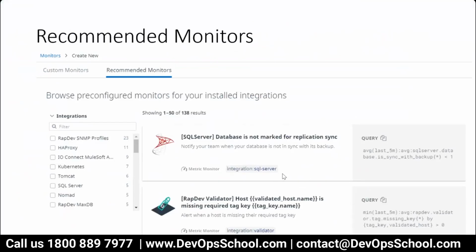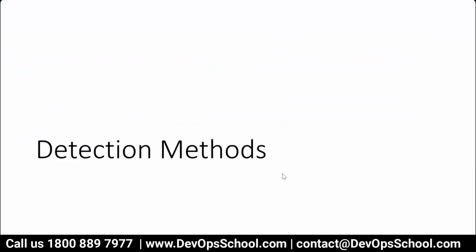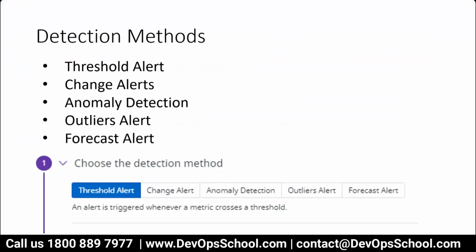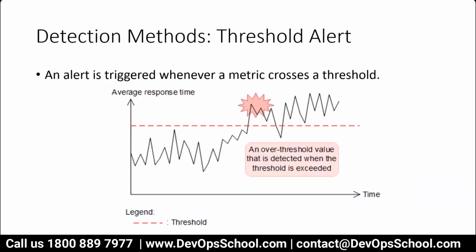Now, the detection methods you have in Datadog. One is threshold, which is one of the popular ones: CPU is more than 50%, alert. But in Datadog we also have change, anomaly, outlier, forecast. This is the visualization of threshold.